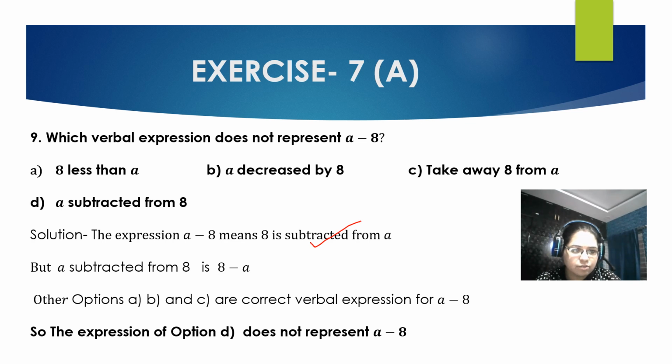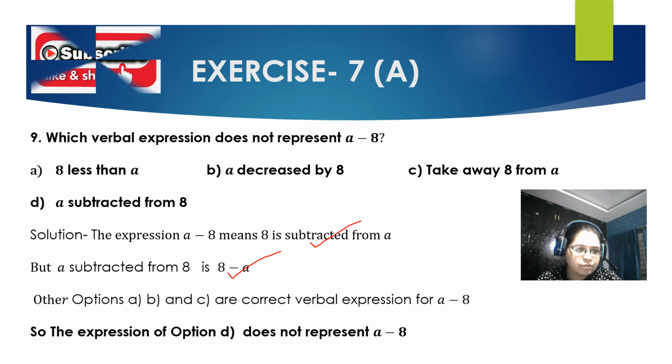A minus 8 means 8 is subtracted from a, but a subtracted from 8 is 8 minus a. So option A, 8 less than a, is a minus 8, and a decreased by 8 is a minus 8, and take away 8 from a will be a minus 8.